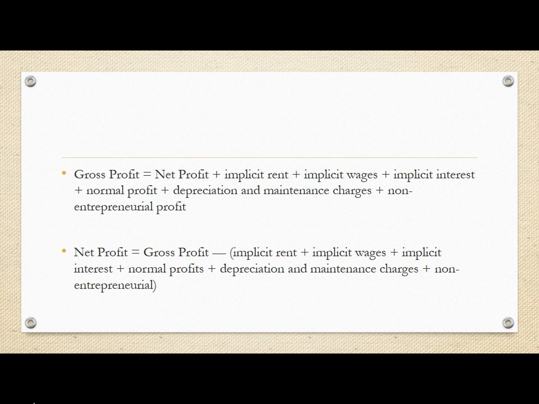First, in short, we can say gross profit equals net profit plus implicit rent plus implicit wages plus implicit interest plus normal profit plus depreciation and maintenance charges plus non-entrepreneurial profits. Thus, it follows that net profit equals gross profit minus all these things. So, indeed, net profit equals economic profit or pure business profit.